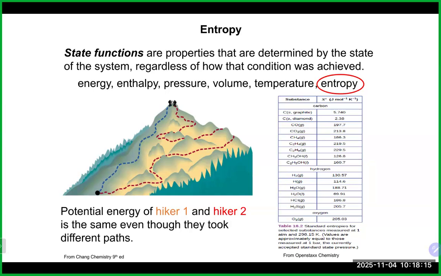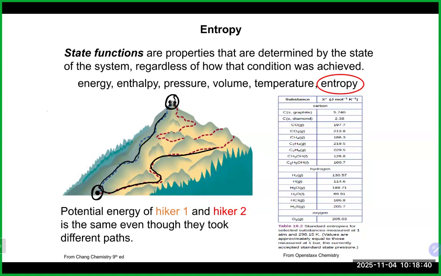So, for example, if we look at these hikers and their potential energy, they both started down here, they both ended over here. The red guy took the scenic route around the mountain. The blue one took the more direct route up the mountain. They both really have the same potential energy at this point because they started at the bottom, ended at the top. And that is the only important thing.